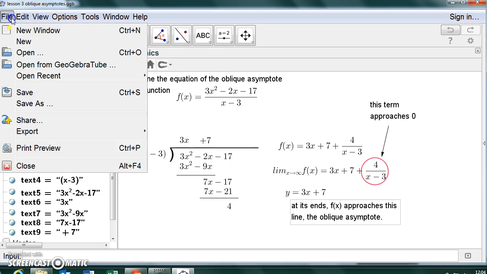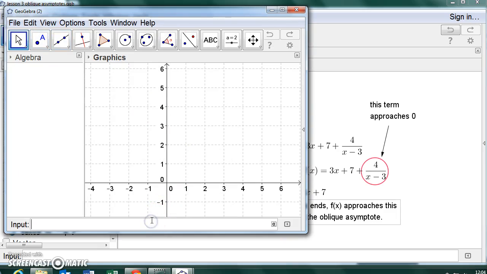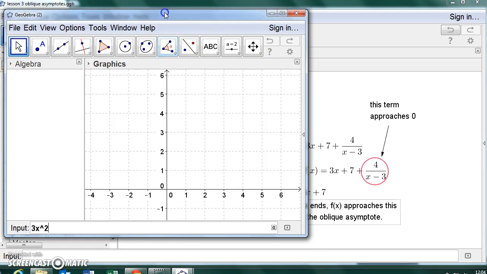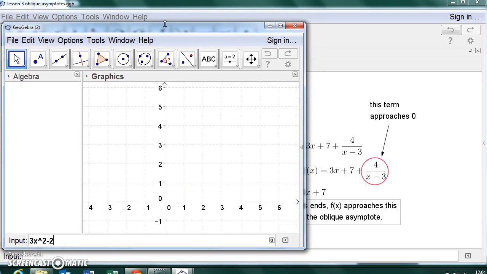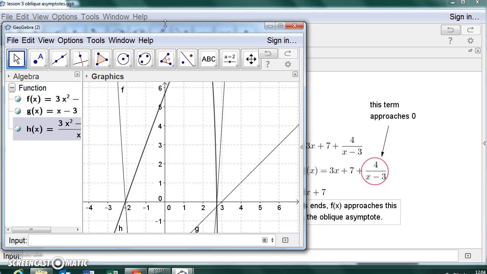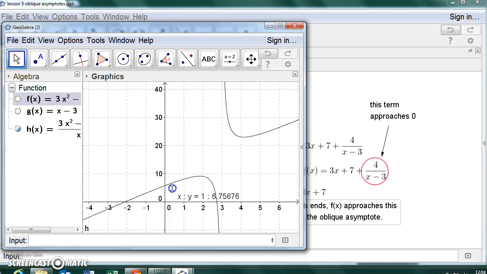Now, just to quickly demonstrate what this one looks like when we graph it, we have 3x squared minus 2x minus 17, and then x minus 3 on the bottom, and our function was f divided by g. So we'll just hide the original two and shrink this down a little bit.